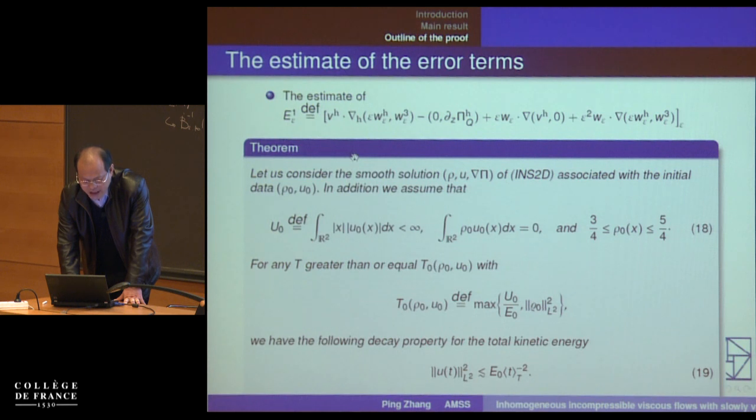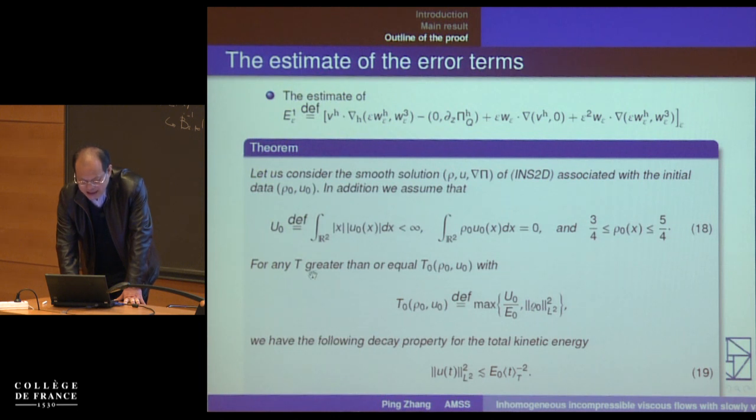So now the main result is as follows. Let us consider a smooth solution rho, u, gradient pi of the 2D inhomogeneous Navier-Stokes system associated with initial data rho_0, u_0, such that this capital U_0 is finite, the average of the initial momentum equals 0, and the initial density is close to 1.